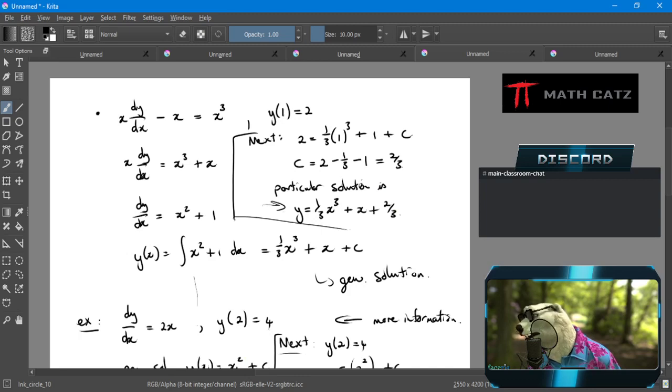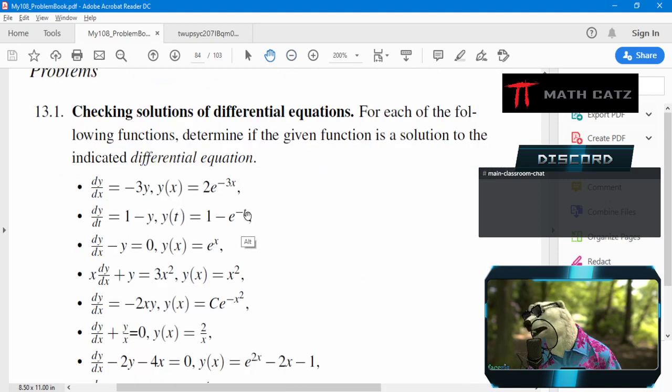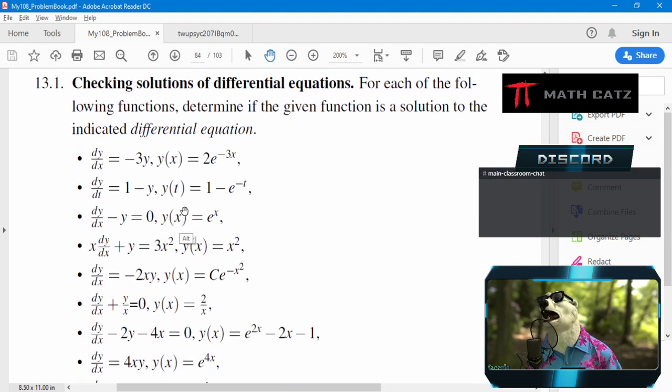So for now, I would recommend you only look at the first set of questions where we are given a potential solution, and I just want to verify whether that is a solution to the differential equation or not.